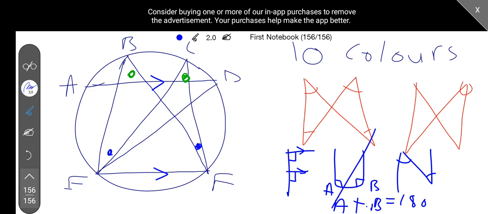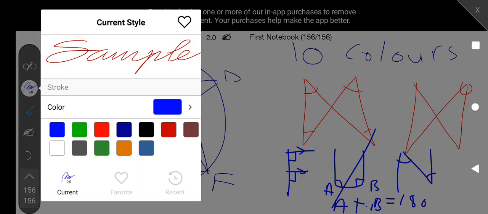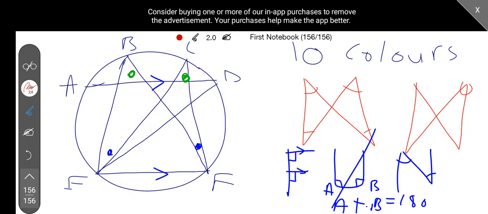They are equal, except co-interior. I can see a Z shape here because they are parallel lines. Therefore, because I've got a Z shape, I'm going to use a different color which I never used to mark that this angle here is equal to this angle.